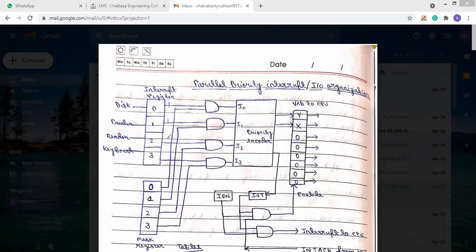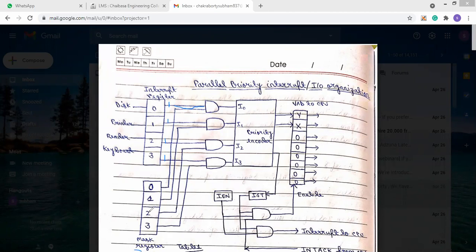If all the input output devices generate an interrupt, then the interrupt register output will be 1. The 1 goes as an input to an AND gate, and the other value comes from the mask register.